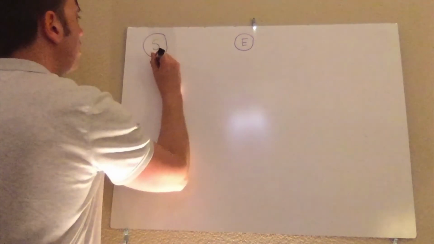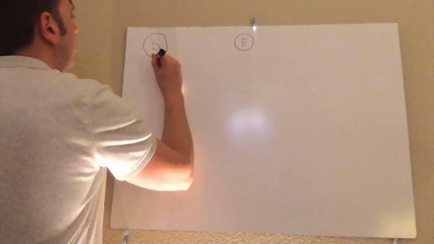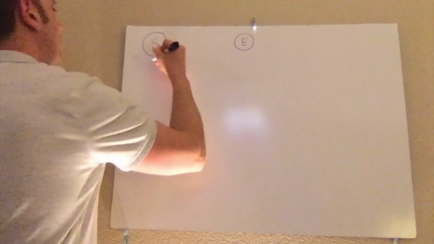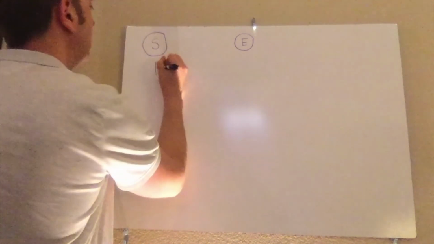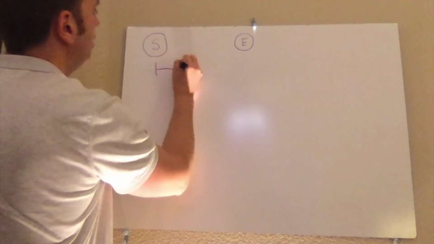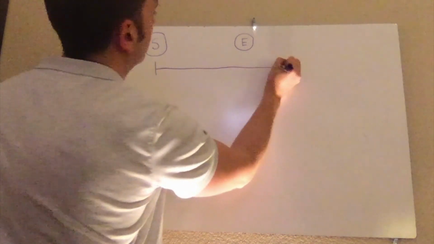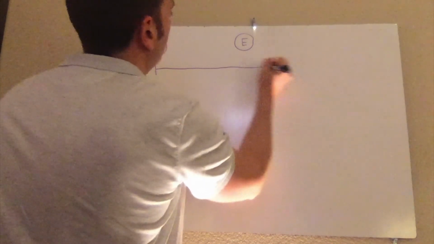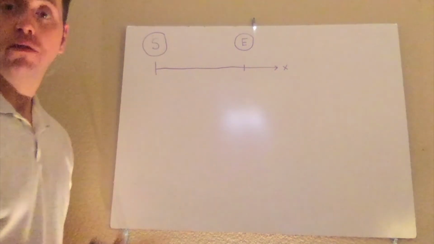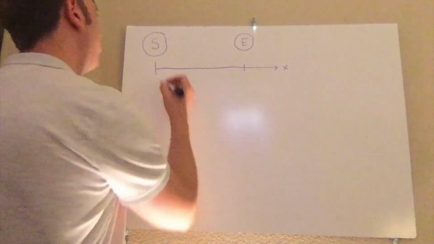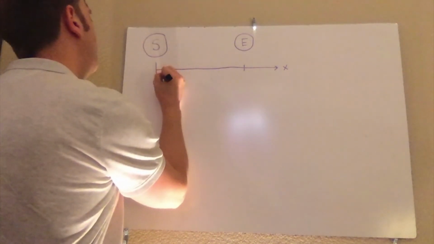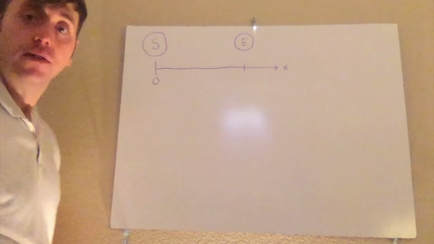So there it is. Now we want to keep track of where things are, so let's draw a coordinate system. And we really only need a one-dimensional coordinate system, i.e. we just need an x-axis or something like that. So let's call this line here the x-axis. And we can put the origin wherever we want. As you're going to see in a second, it's really convenient just to put the origin right here at the center of the Sun.